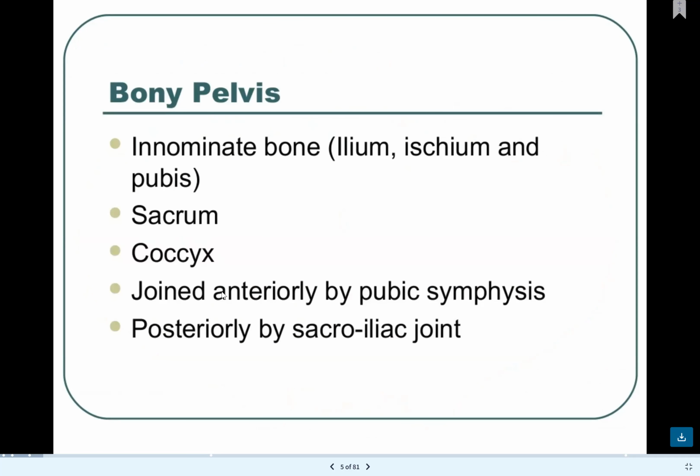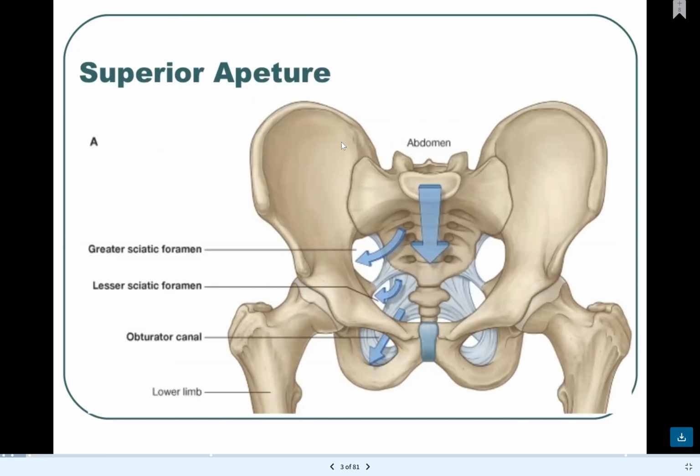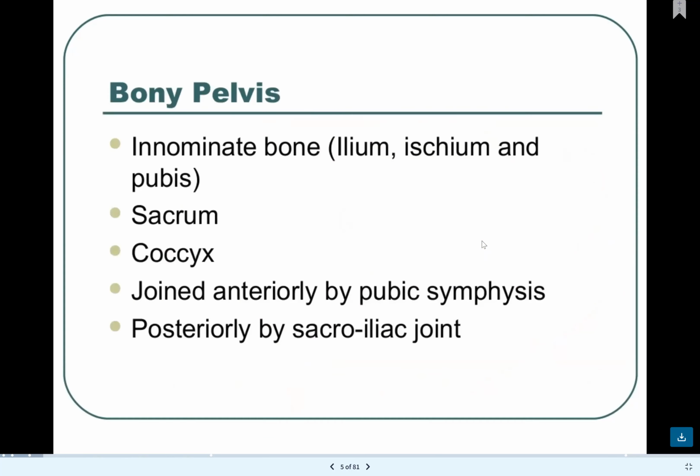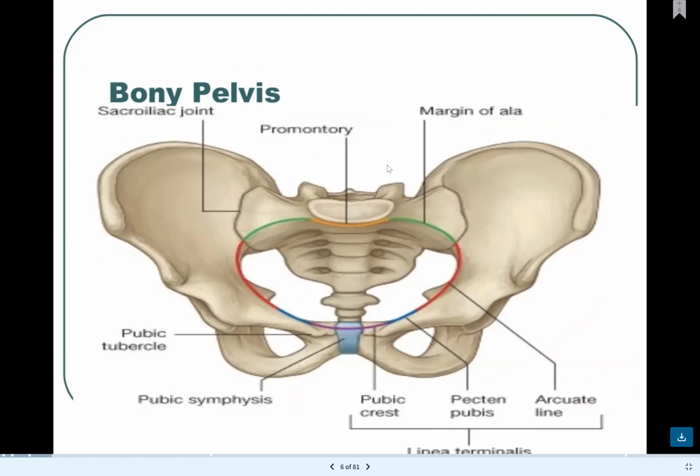Now, these bones are joined anteriorly by the pubic symphysis and posteriorly by the sacroiliac joint. This is just to show us the sacroiliac joint, the joint between the sacrum and the ilium. And this is the promontory of the sacrum.